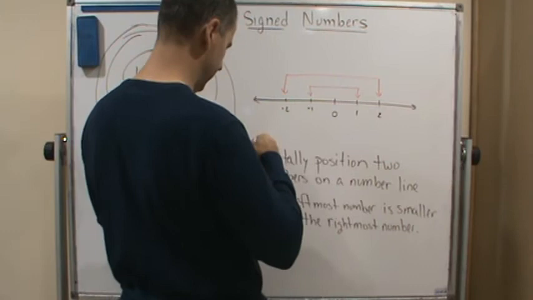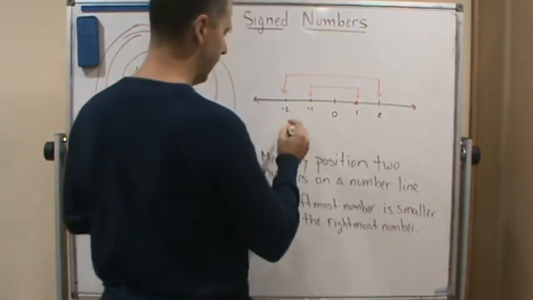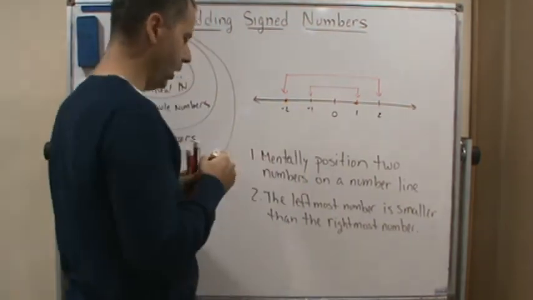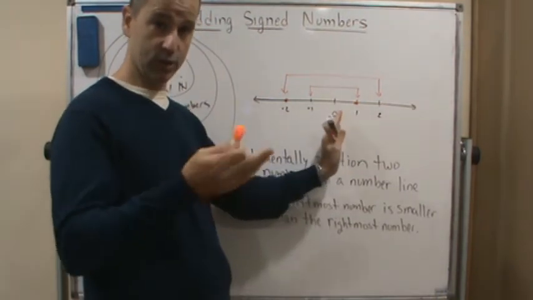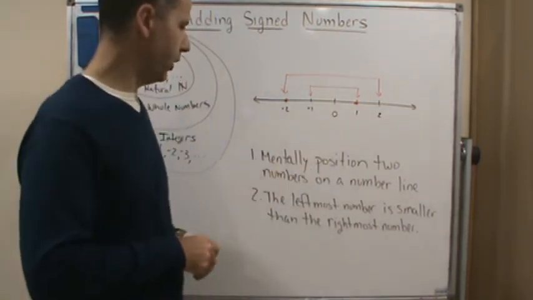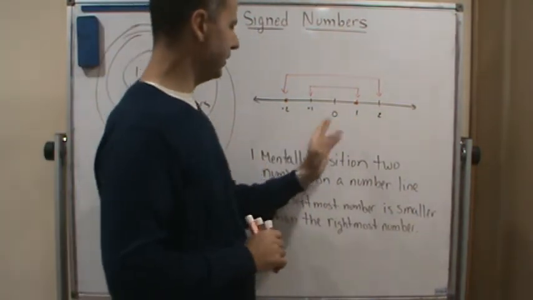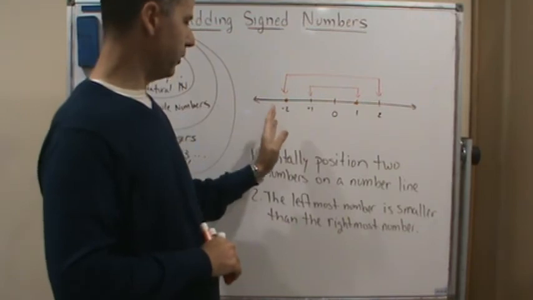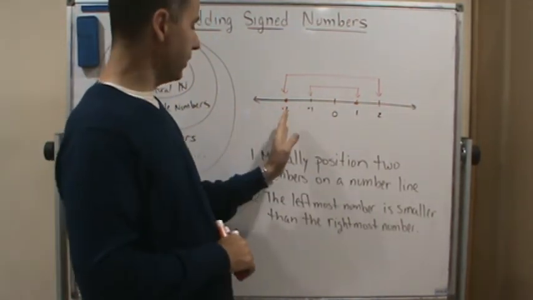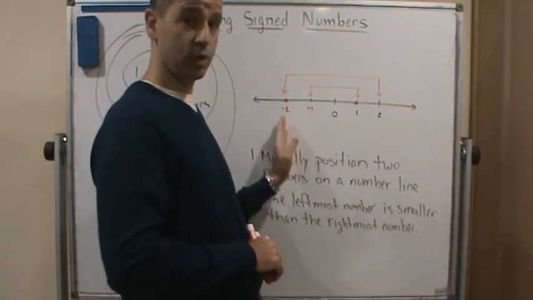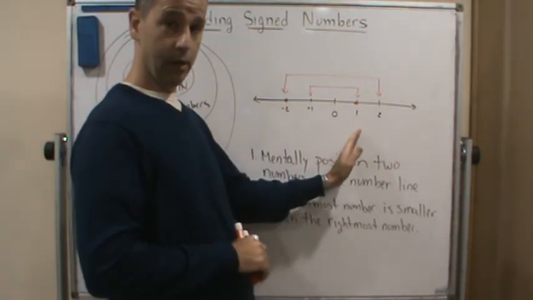So for example, if I have 1, and I pick negative 2, looking at the position, because there's a ranking here on the number line, I immediately know that 1 is greater than negative 2 because it's to the right of negative 2. Or negative 2 is less than or smaller than 1 because it is to the left of 1.